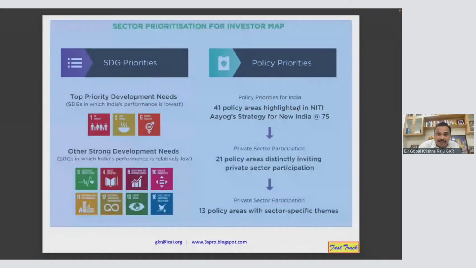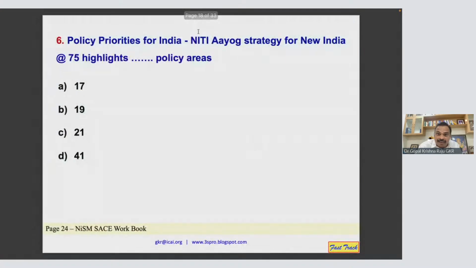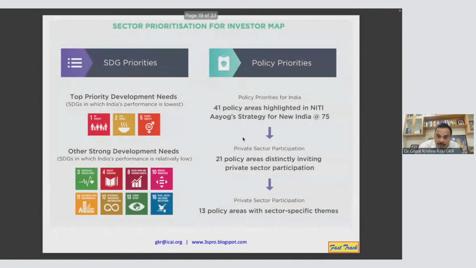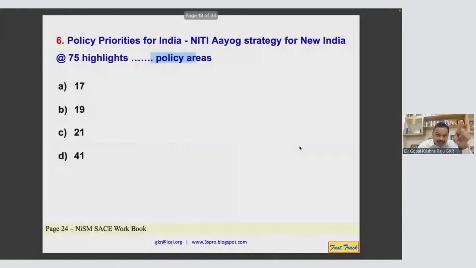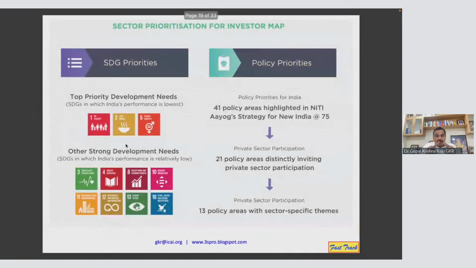So now answer this question. The Niti Aayog strategy has 41 policy areas, but private sector participation is distinctly invited in 21 policy areas. So for the same question, 21 will be the answer. If it is private-public partnership, then of these 41 policy areas, 20 will be exclusively by government.